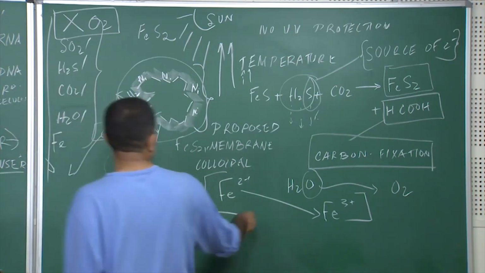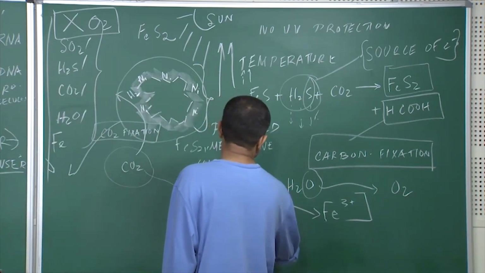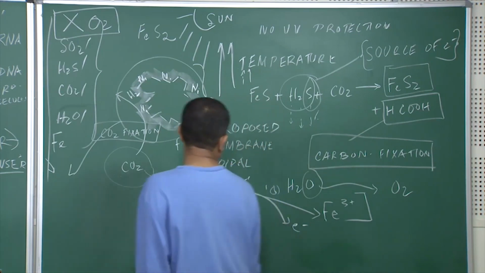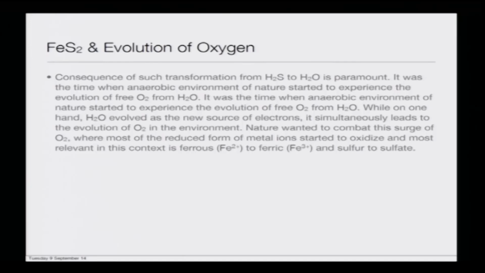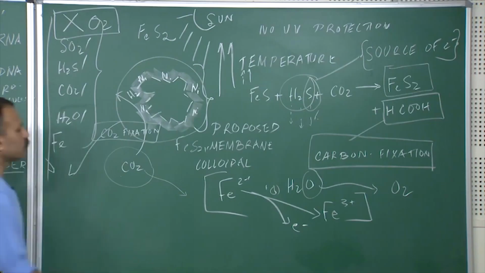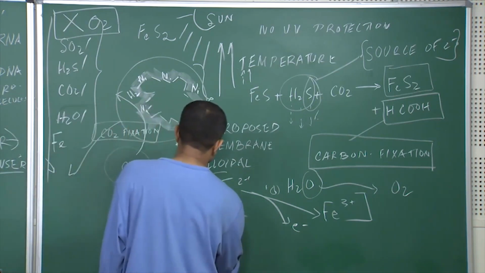So, they all got oxidized, and in that process gave away an electron. Okay? And the second thing that happened is sulfur started forming sulfates. So, all the inorganic sulfurs moving towards sulfates.